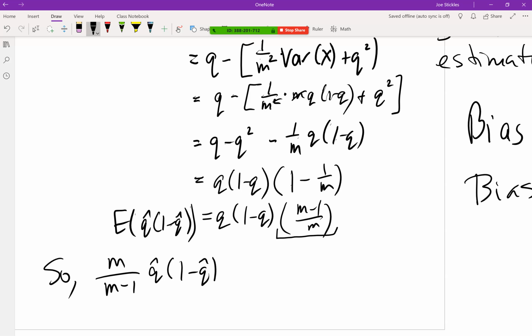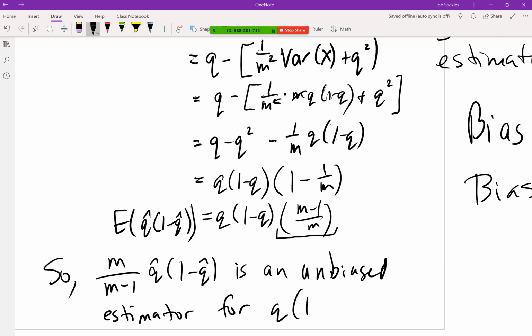So if I do m over m minus 1 times that expression, this is an unbiased estimator for q times 1 minus q. Questions on that at all?